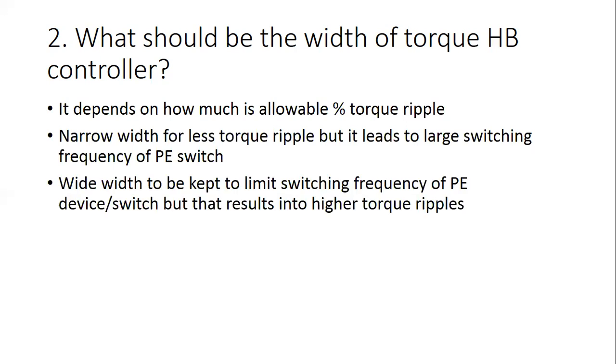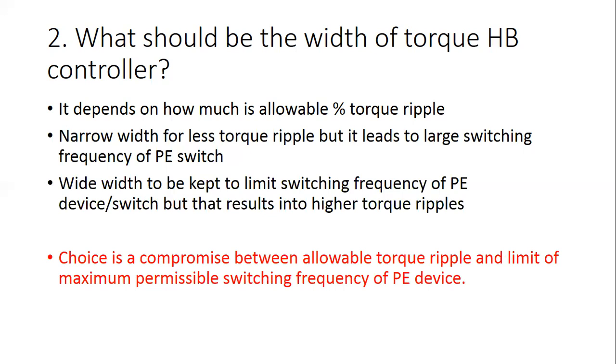If we keep a wide width, then the switching frequency is going to be within limit, no issue with that, but then the torque ripple is going to be very, very high. So the choice is a compromise between the allowable torque ripple and the maximum permissible switching frequency of the power electronic device, right? You can try different permutation combinations and see what the effect is.